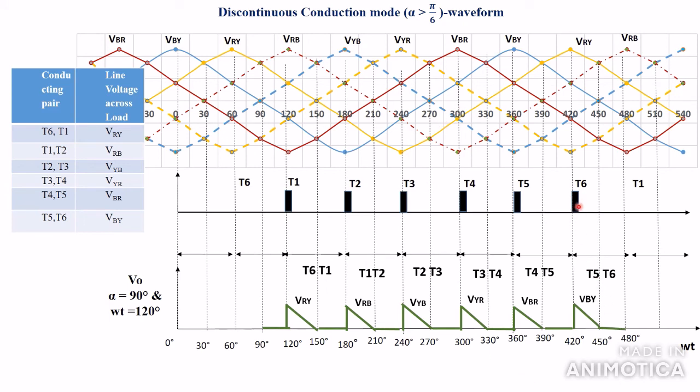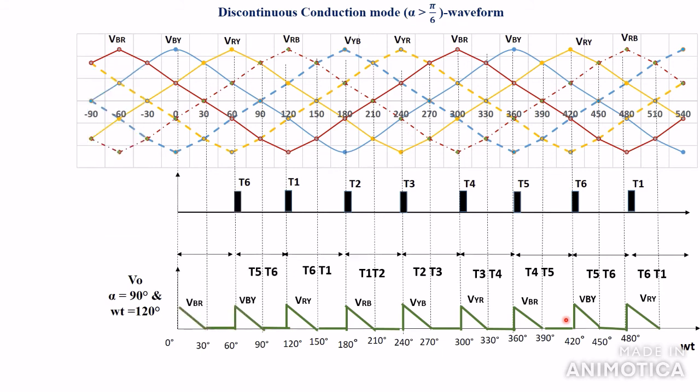Now when T6 is triggered, T5 and T6 are conducting, VYB is the voltage. So we will be getting 6 pulses at the output voltage. Okay. So the next cycle continues. This is the complete waveform for the discontinuous conduction mode when alpha is equal to 90 degree.